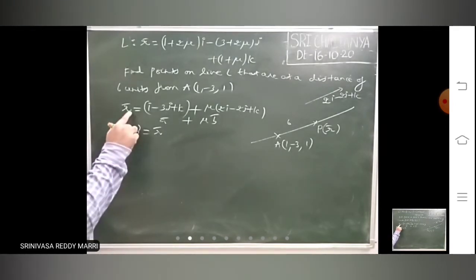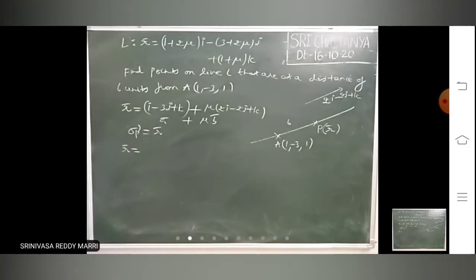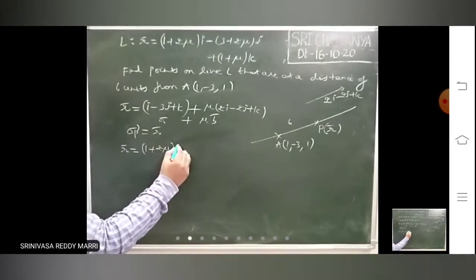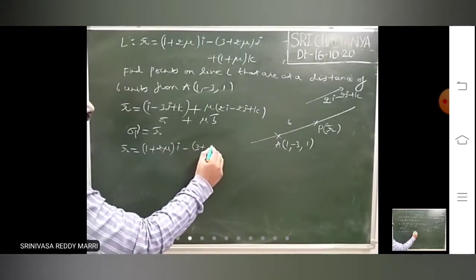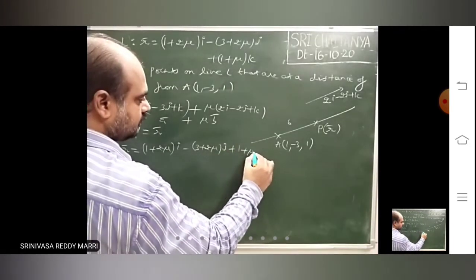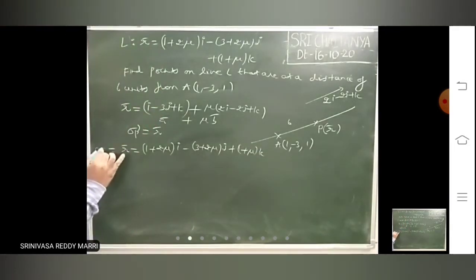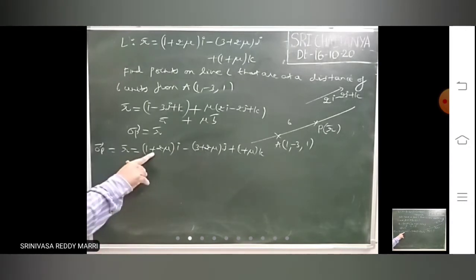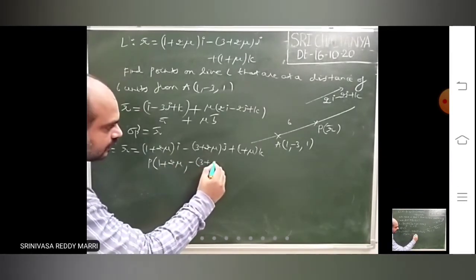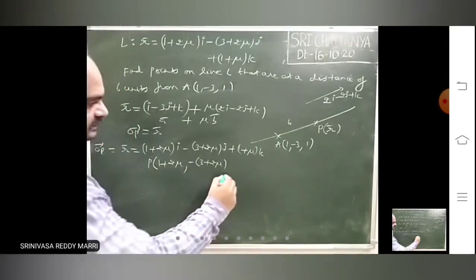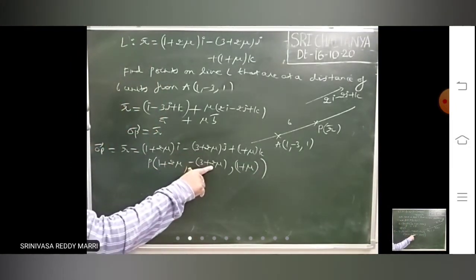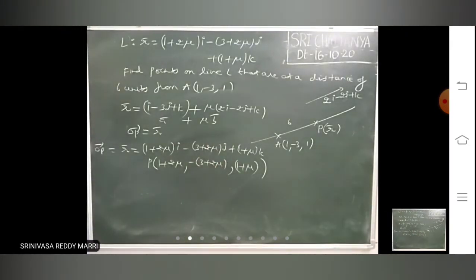R bar is (1 + 2μ)i − (3 + 2μ)j + (1 + μ)k. So that point is (1 + 2μ, −(3 + 2μ), 1 + μ).